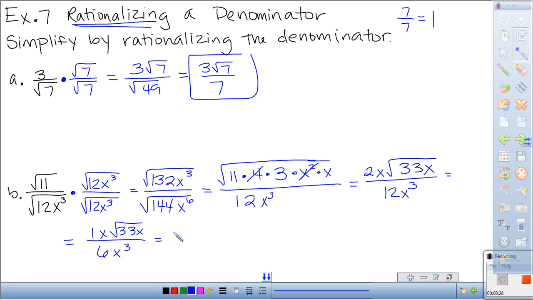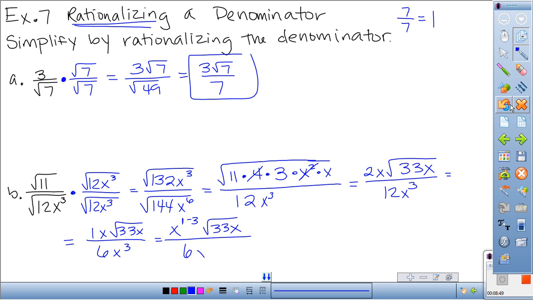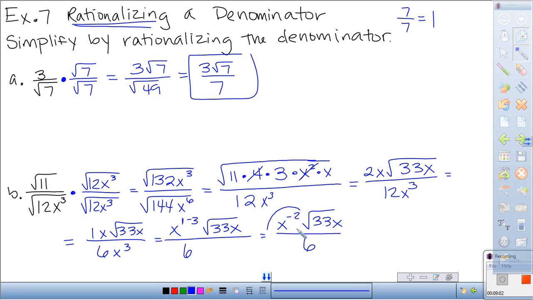So on top, we can get rid of 1 because 1 times x is just x. So I'd have x to the first minus 3 times the square root of 33x over 6, and there's no more x now because we actually moved it to the top, so over 6. And that equals x to the 1 minus 3, which is x to the negative 2, square root of 33x, over 6. But we know we can never have a negative exponent, so you move it to the bottom. And we have the square root of 33x divided by 6x squared.